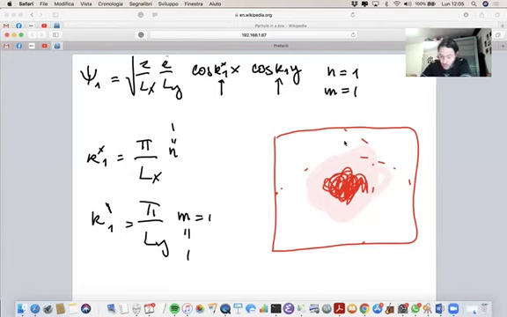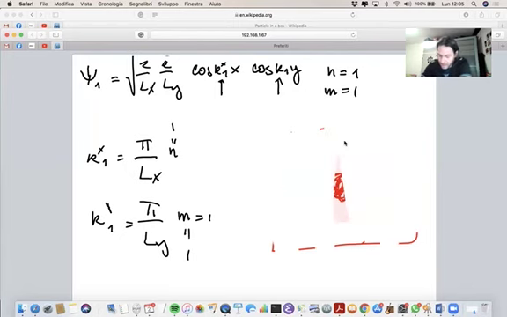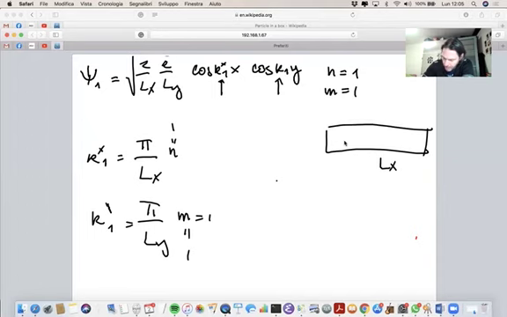Another solution I could choose to consider, the next solution: suppose Lx is larger than Ly, it means that the quantization energies in x are smaller. So if I take the first excited state in x motion, it's going to be smaller than the first excited state in the y motion.